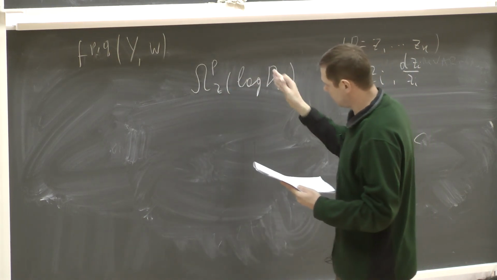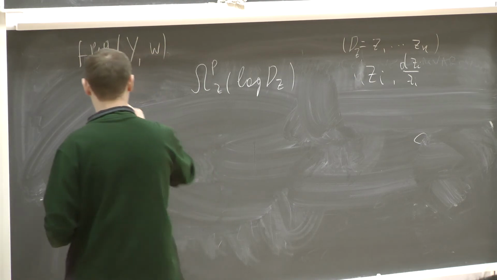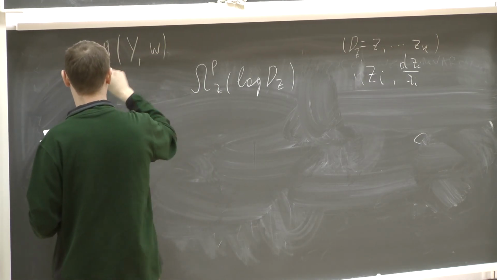So that's just the usual classical logarithmic forms, but we can define the subsheaf of them called f-adapted forms.